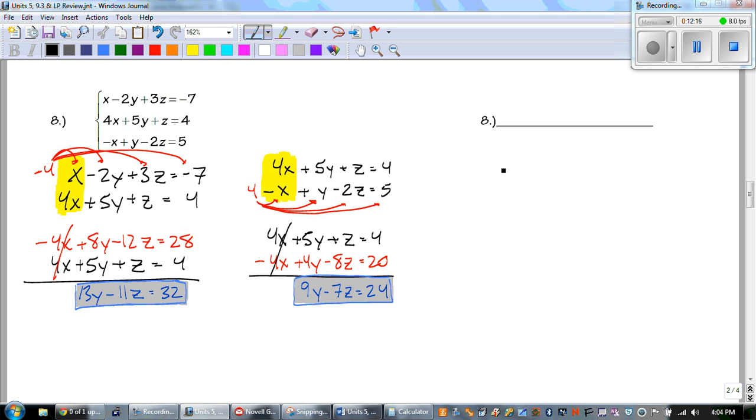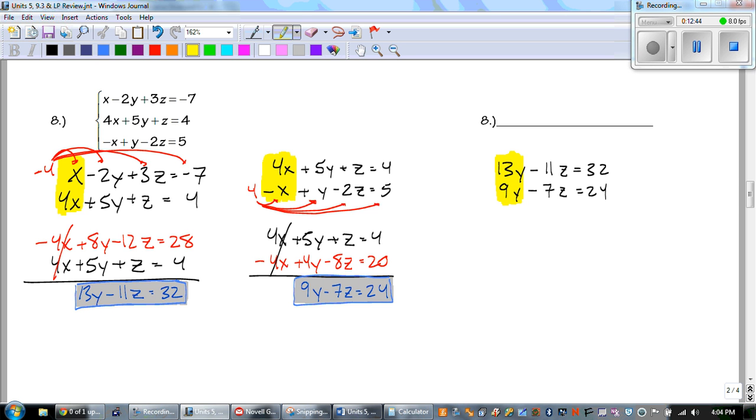Okay, so now we write those two equations. We get 13y minus 11z equals 32, and 9y minus 7z equals 24. Okay, so what I want to cancel again is our y's.